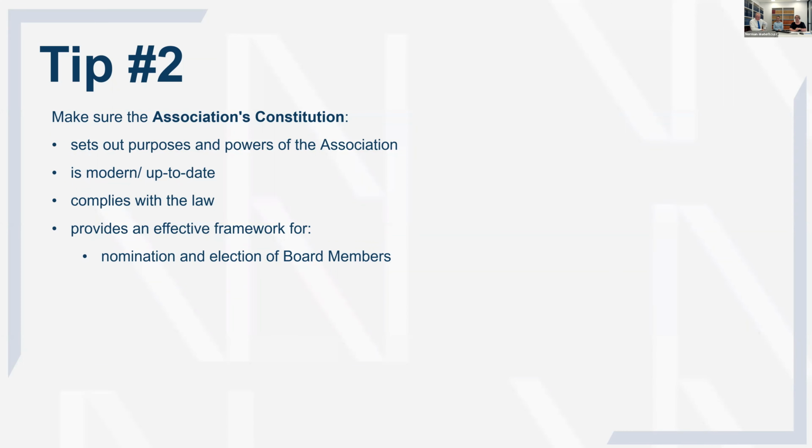Where there's not a contest, meaning the number of candidates for election doesn't exceed the number of vacant positions, you should still have the members approve those candidates for election, and not just have the chairperson declare those people elected purely on the basis that they've made a nomination. That's one of the examples of provisions which are contrary to the law.